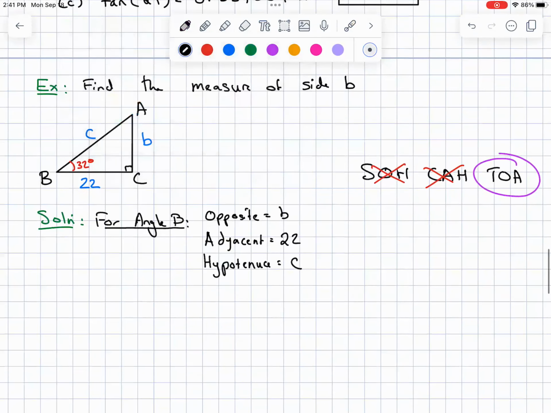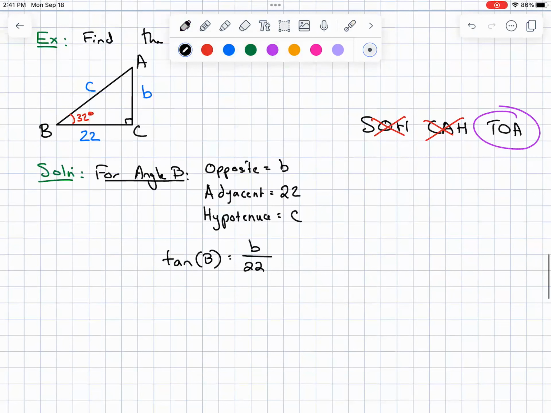So tangent of B is going to be opposite, which is lowercase b, over adjacent, which is 22. And so that's going to be tangent of 32 degrees is equal to b over 22.